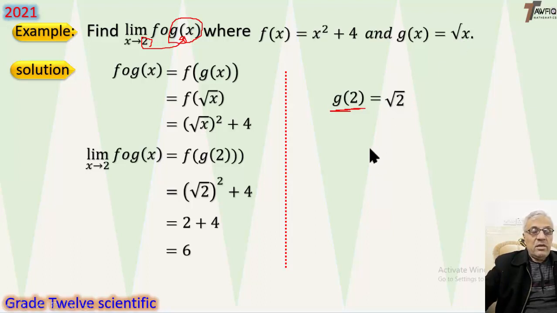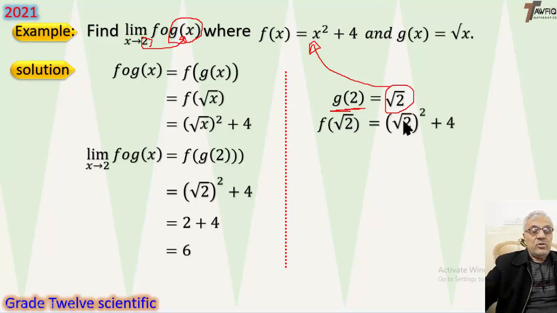After that, replace this result in f(x). It becomes f of the square root of 2, which equals the square root of 2 squared plus 4, equal to 2 plus 4, which equals 6. This is another way.